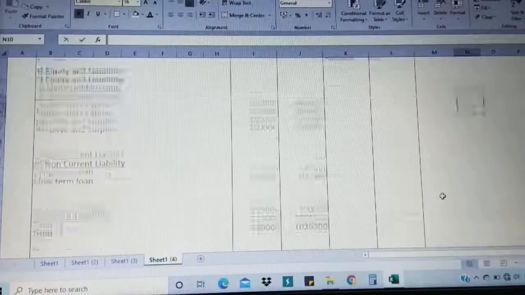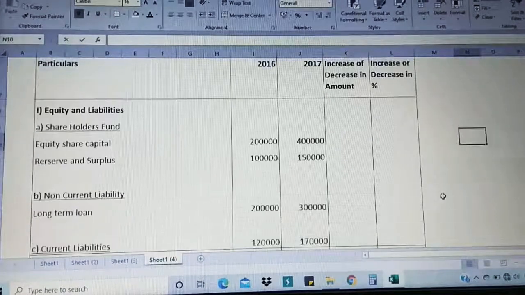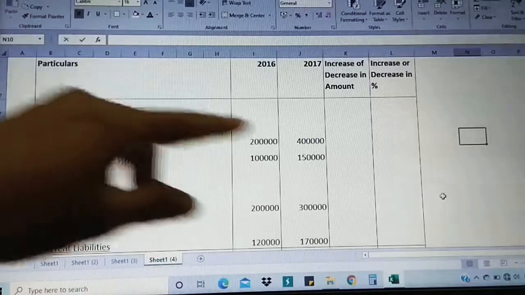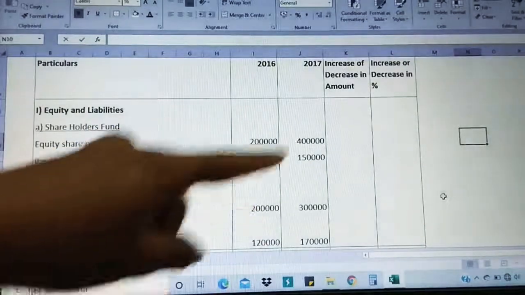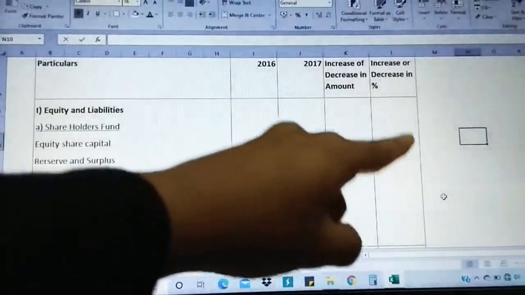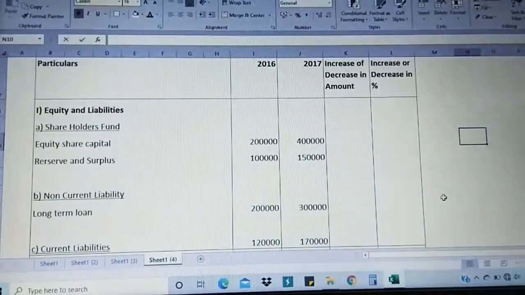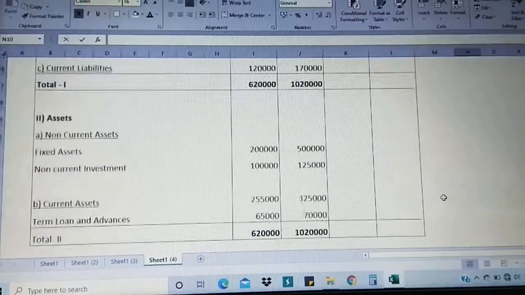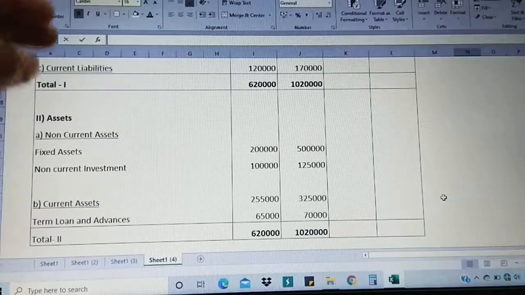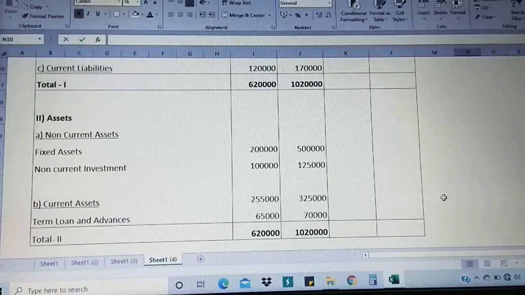The first step, which you always need to do, is to draw the columns, fill them up as per the format, and then go for the calculations of the last two columns. Now just observe the next, for assets as well. It should be as per the format. I need not explain this because it is just copy and paste work.